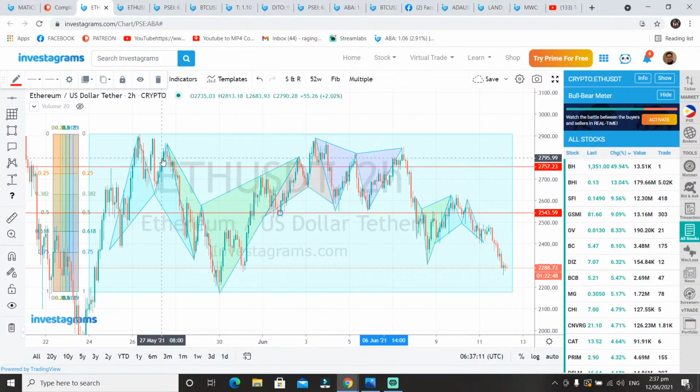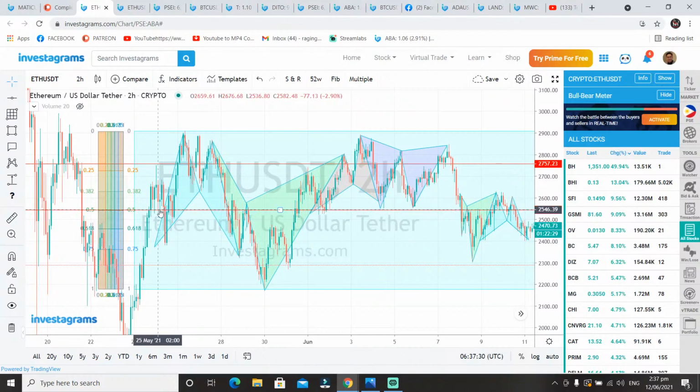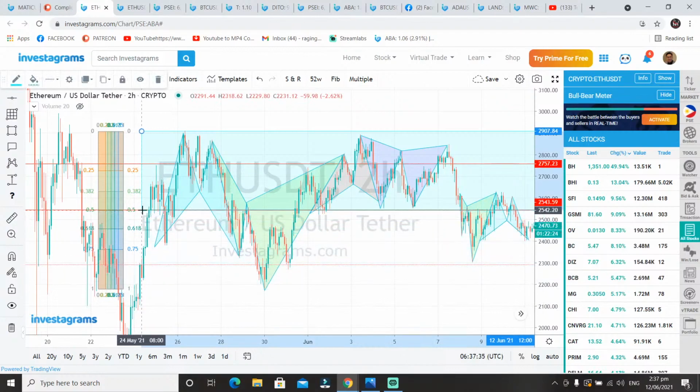But after that one, we saw some pattern, right? And while having this pattern, at least we have an idea that it could go down to this level. Okay, so you found out that when it reached this level, it made a consolidation at this level, not really exactly half, but for example, it made a consolidation at this level.